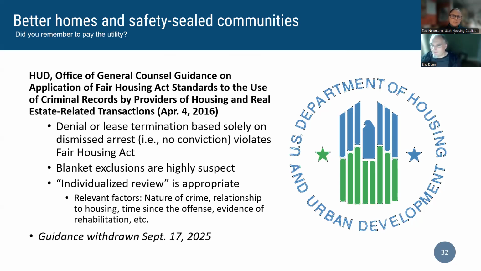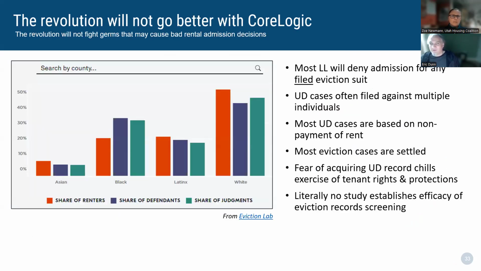And then third, you've got to make an individualized review available. So before you go and deny the person, give them a chance to explain the circumstances, show evidence of rehabilitation, or other mitigating information that might suggest that you should rent them anyway. That's kind of been the blueprint for how other types of negative rental screening information should be treated.